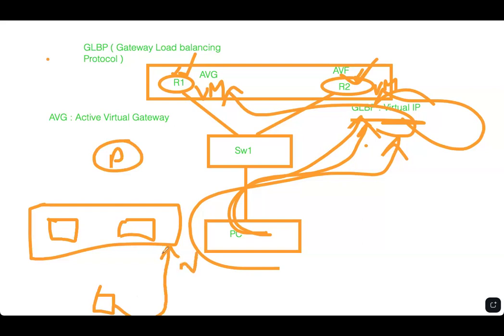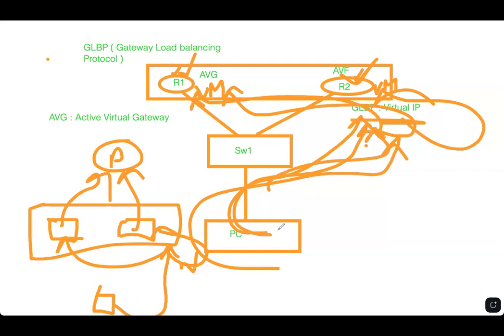The group name will sometimes point to the physical name of this device, and sometimes to the physical name of the other device, and then it will let you go to the destination from both sides. So the whole concept is not always pointing to one device. It will point one time to this device and another time to the other device, so that it shares the load between both of the devices.